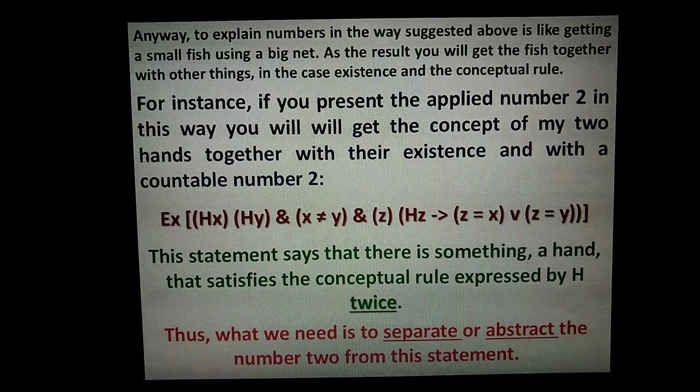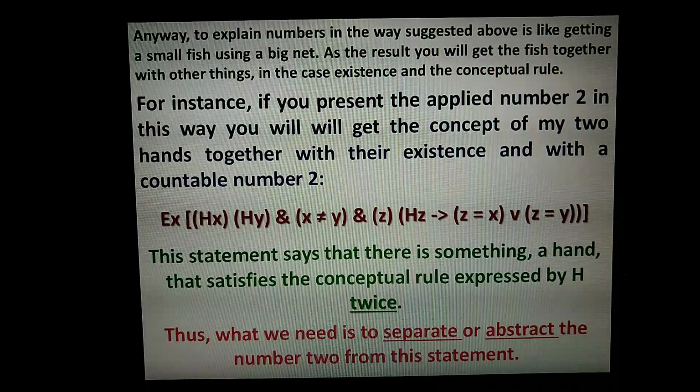Anyway, to explain numbers in the way suggested above is like getting a small fish using a big net. As a result, you will get the fish together with other things, in this case existence and the conceptual rule. For instance, if you present the applied number 2 in this way, you will get the concept of my two hands together with their existence and with a countable number 2.